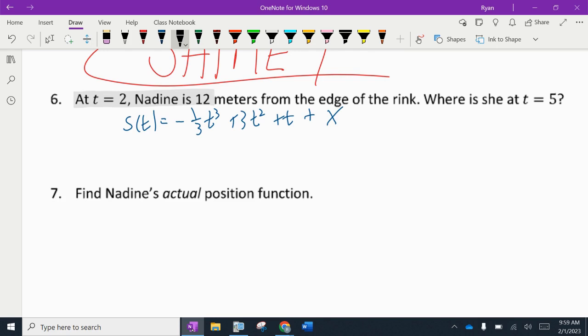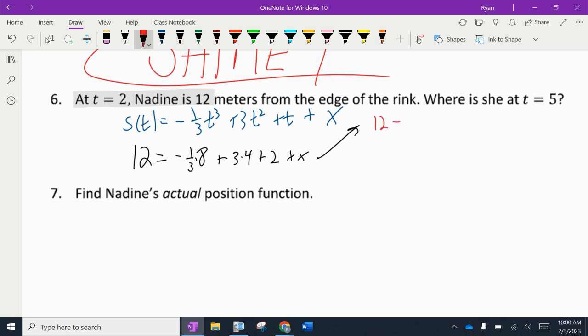Where does the 12 go? S of t, that's their actual position. Where does the 2 go? All the t's. -1/3 times 2 cubed plus 3 times t squared plus t plus x. The goal here is to solve for that x.